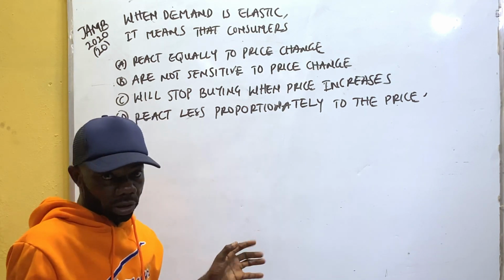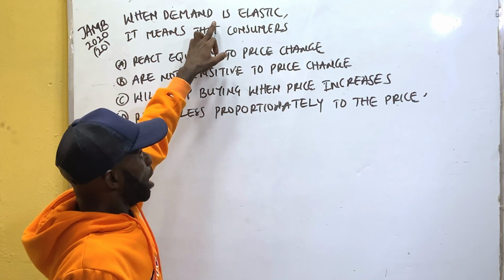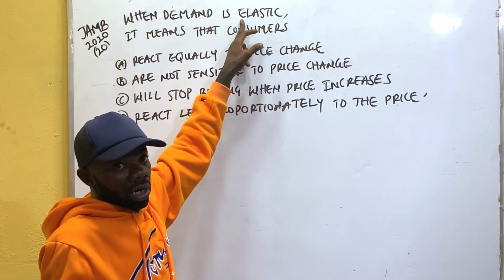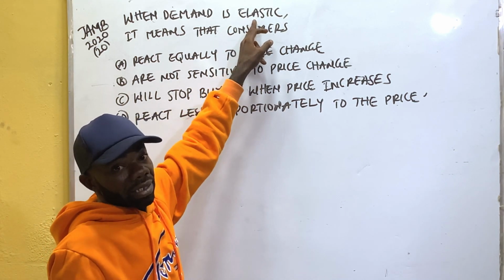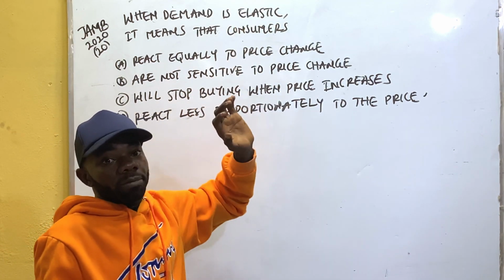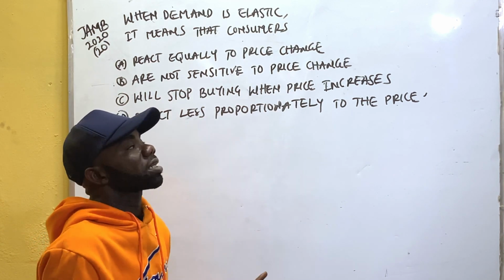Before we take our options, take note. Elastic can be relatively elastic or fairly elastic. When the examiner says elastic, when the examiner is silent about elastic, what it actually means is relatively elastic or fairly elastic.